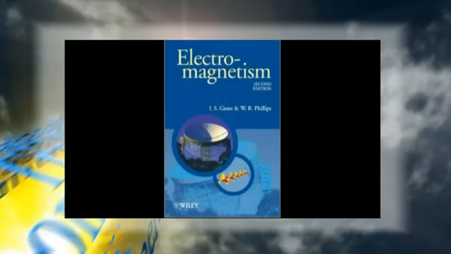Right, we're going to move on to a little textbook on the next slide called Electromagnetism. And you'll probably be familiar with electromagnetism. It's the same as magnets. You probably know that a north and a south pole attract each other. Well, it's the same with magnetic forces. Positive forces and negative forces attract each other.